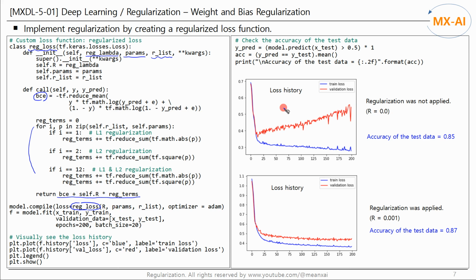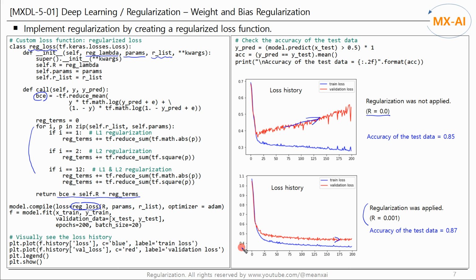Let's check the results. When no regularization is applied, i.e. when R is 0, we can see that the loss of validation data gradually increases. Overfitting occurred because we used a model that was too deep for simple data. Applying regularization to this model reduces the loss of the validation data.